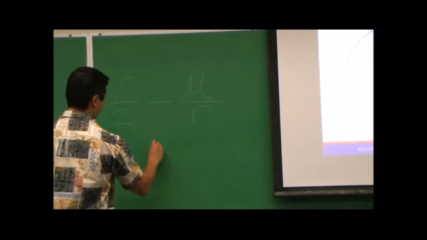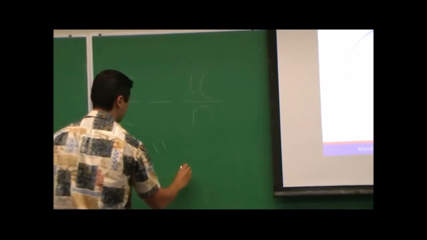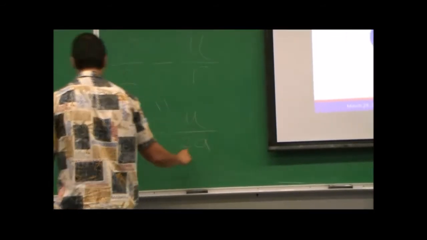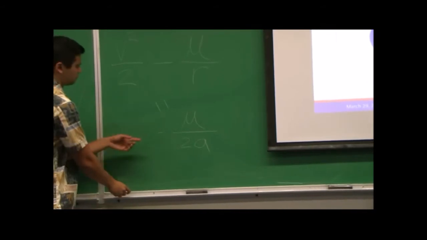Is that right? Okay. And we'll say that this is equal to... Is that right? Yeah. Okay. So we've seen this already. This is like the first month of class.